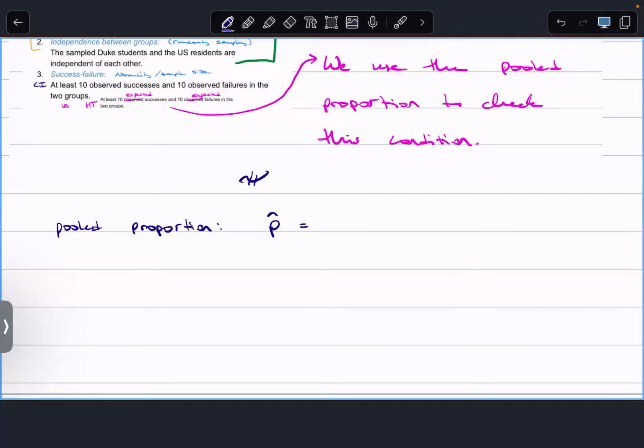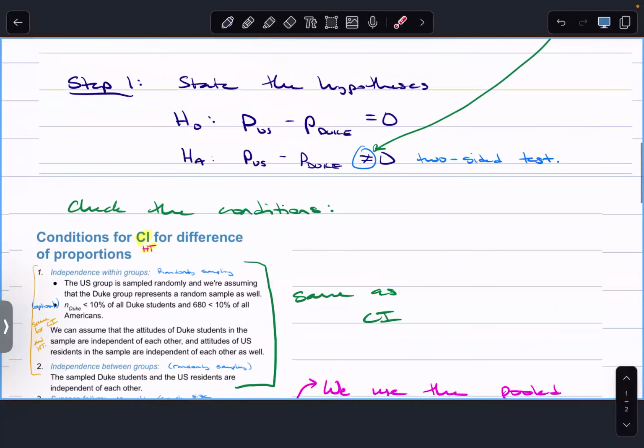And it stems back to the null hypothesis. We do all our testing assuming the null hypothesis is true. So if that's true, then it doesn't matter. Then I should be able to shove all these successes and failures into a pool and they should behave the same way, right?